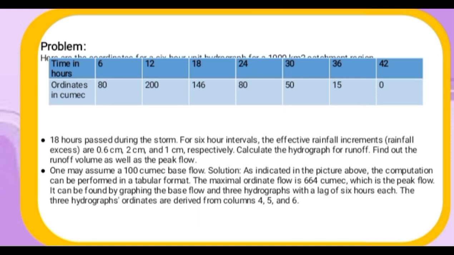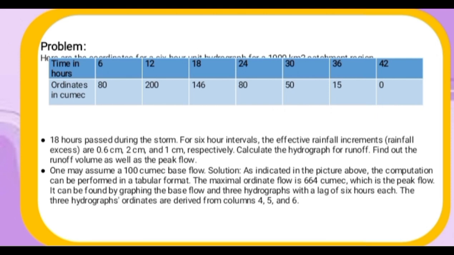Peak flow by unit hydrograph method. Here is the sample problem. Here are the coordinates for a 6-hour unit hydrograph for a 1,000 square kilometer catchment region. This is the table for the sample problem. 18 hours passed during the storm. For 6-hour intervals, the effective rainfall increments or rainfall excess are 0.6 cm, 2 cm, and 1 cm respectively. Calculate the hydrograph for runoff.